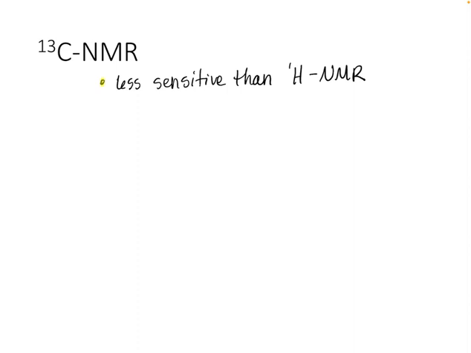So remember, carbon-13 is only 1.1% naturally abundant. So it's a little more difficult to get a reading on those carbon atoms, whereas protons are super abundant.